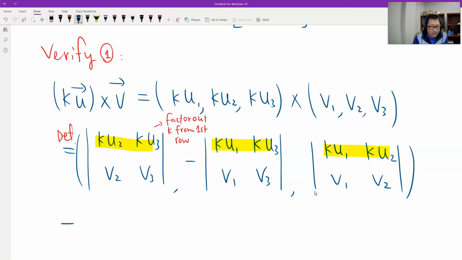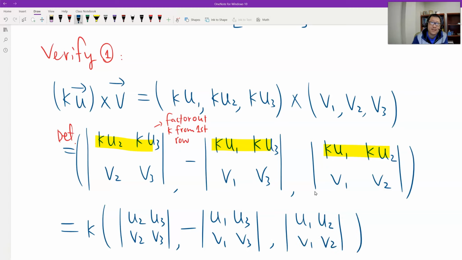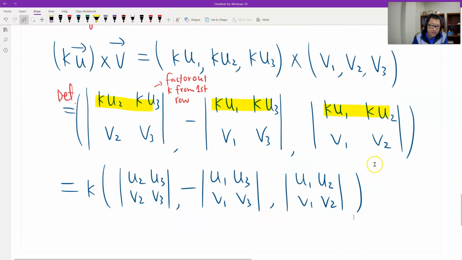We have a K outside, and inside is U2, U3, V2, V3, negative U1, U3, V1, V3, and one more U1, U2, V1, V2. What's that? That's the cross product. That's exactly K times U cross V.